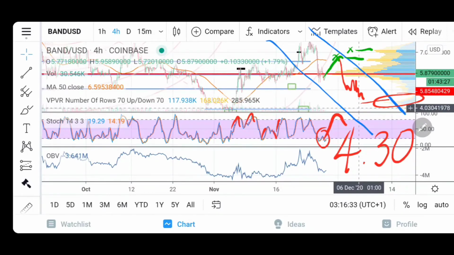And as we push down towards that 14,000, that's when we're going to start to trade below the point of control right here, which is where we're at right now. We're trading at the POC. We're going to dump on down to 4.30, and that's where I am going to turn green and pick up another bag and then ride that next cycle up.